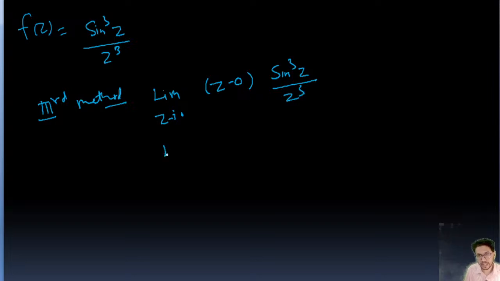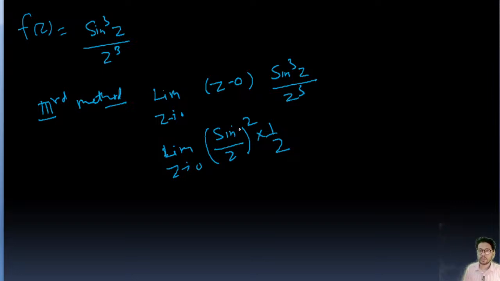z will get cancelled, so this is going to be limit z tends to 0 of (sine z upon z) whole square into 1 upon z. We know that limit of (sine z upon z) whole square has value 1.